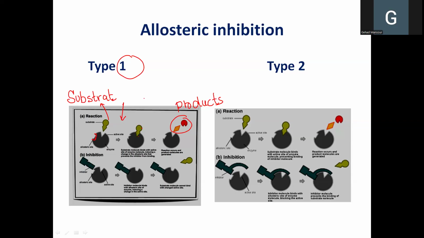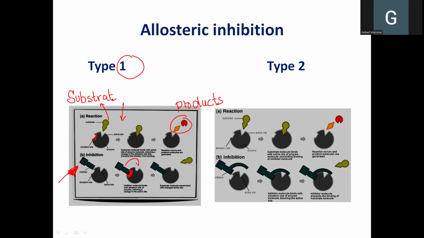But what happens if an allosteric effector binds with the allosteric enzyme? In such a case, as you can see, when this dark green molecule that I'm pointing at with the red arrow binds with the allosteric site, this allosteric effector is bonded to the allosteric site, not to the active site.